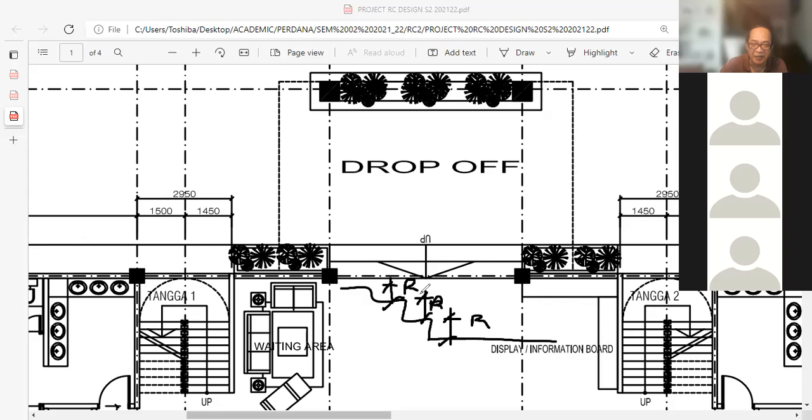So we can say that there are 3 steps coming up, and each riser to be approximately 150. So that is why going up the staircase, the steps at the front portion, it is an increase of 150 mm. So we have 3 steps di situ. Maka this concludes that the elevation of the ground slab is approximately 450 above the ground level around the building.